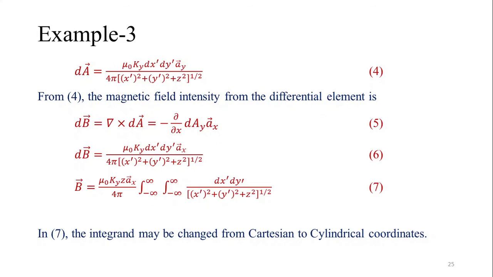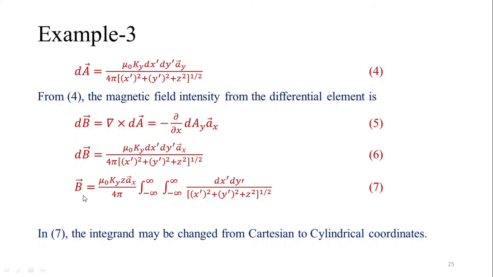Now we know B is del cross A, so dB is del cross dA, that is minus dou by dou x of dAy ay. So just take an x differentiation of A and you will get dB, which is mu naught Ky dx dash dy dash ax divided by 4 pi into (x dash square plus y dash square plus z square) power 1 by 2.